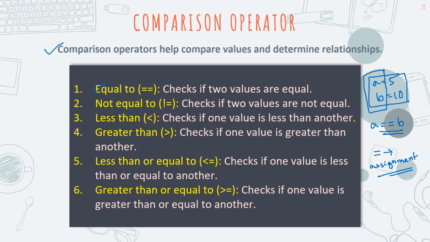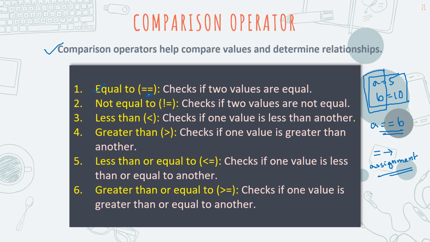Like here, when we say A is equal to 5 or B is equal to 10, we are using a single equal to symbol. But to compare whether the value on the left side and the value on the right side are equal to each other or not, we must use this operator.